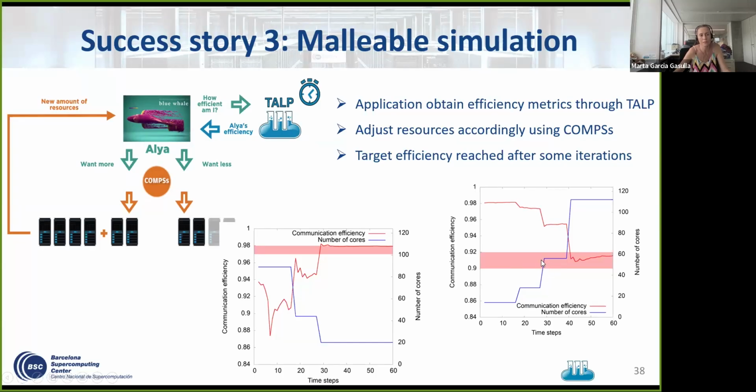So we will increase the number of resources until we get to the target communication efficiency at this point with this number of resources. So this runtime API allows us to take this kind of decisions while we are running.